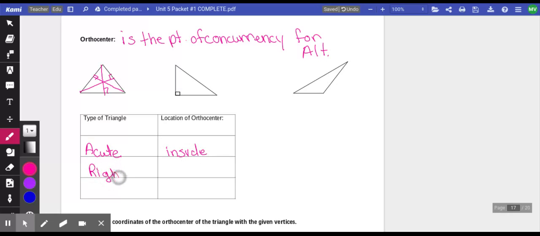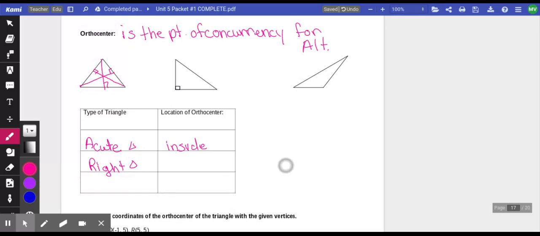On a right triangle, it's always going to be at the right angle because 2 of the altitudes are the legs, and then the altitude from the right angle to the hypotenuse will also intersect. So it is at the right angle vertex. When I'm talking about the altitudes of an obtuse triangle, they are always going to intersect outside the triangle.